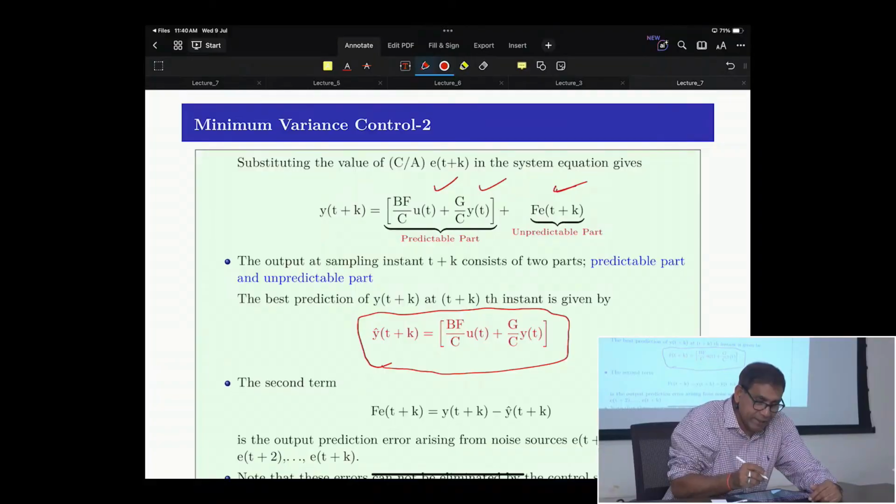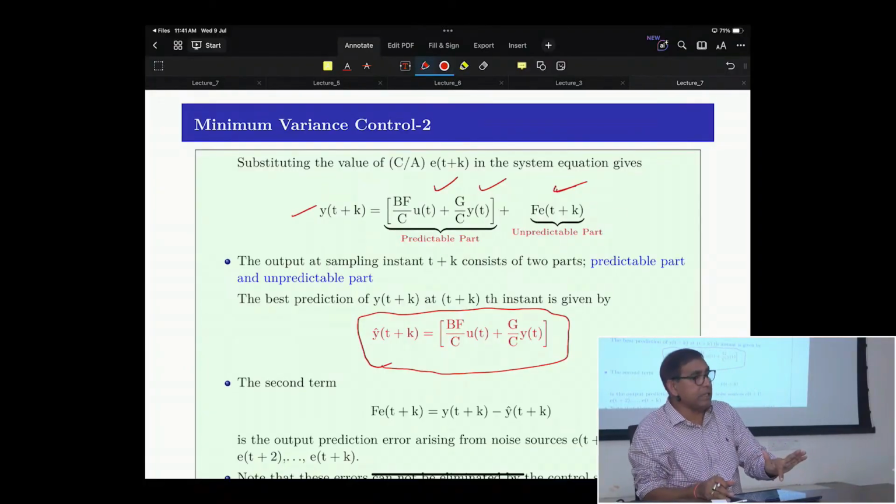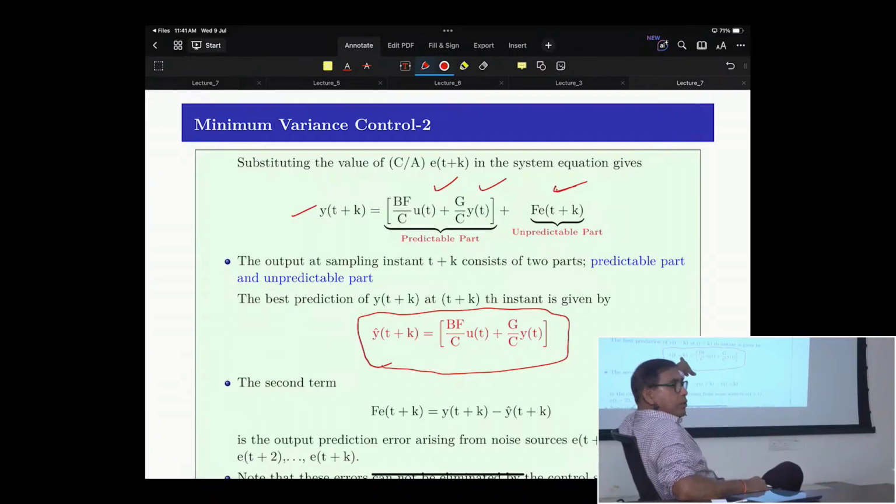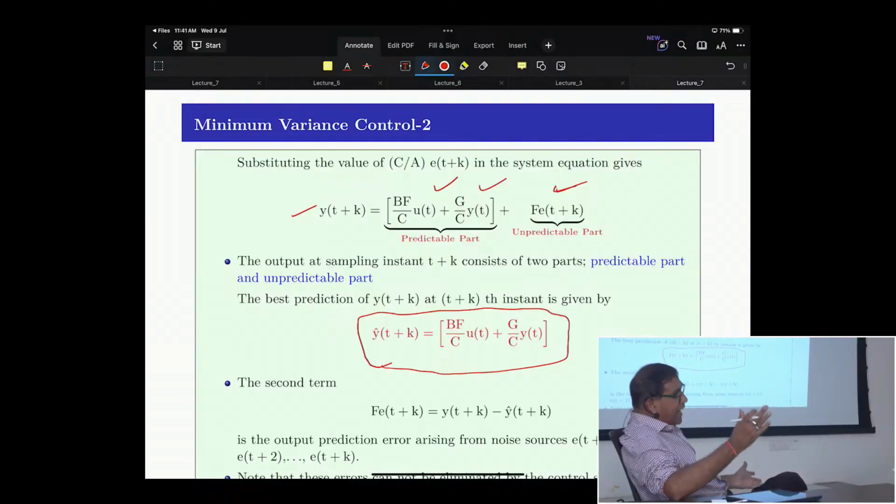Now what he did, he wanted to minimize y. Now tell me, y t plus k is equal to BF by C u t plus G by C y t plus the unpredictable part, right? I want to make y t plus k as minimum as possible. Ideally I should make it 0.